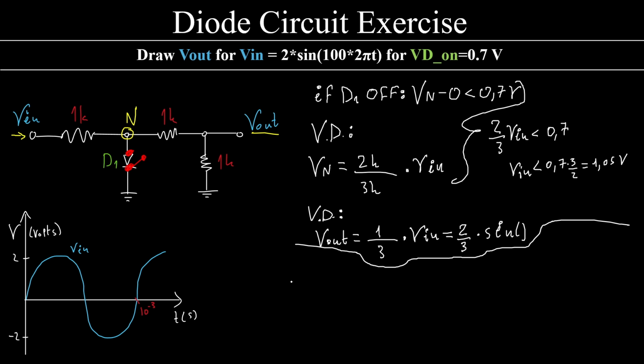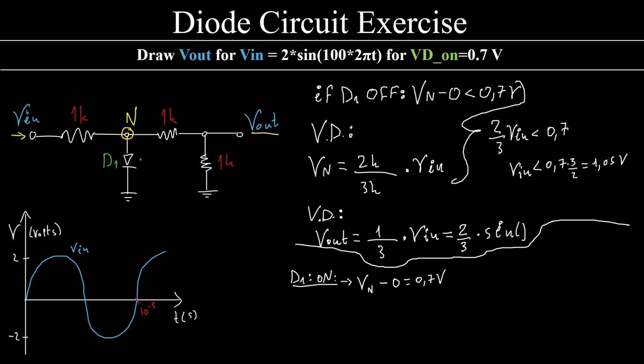Now let's see, what if this diode was on? In that case, this condition must hold true: Vn minus 0 must be equal to 0.7 volts. In that case, we don't have an open circuit over here anymore.